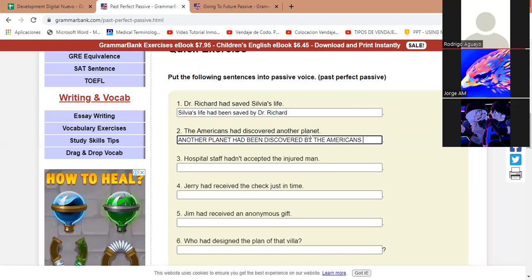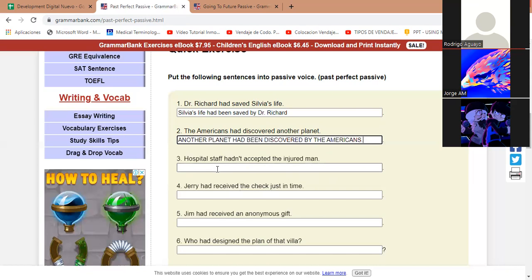All right, number 3, hospital staff hadn't accepted the injured man. Let's see. Rodrigo, do number 3. Okay, teacher. Number 3. Hospital staff hadn't accepted the injured man.